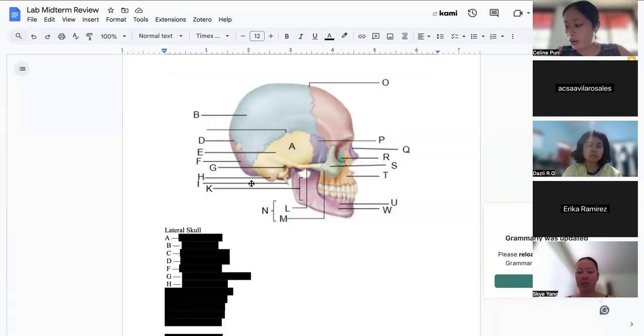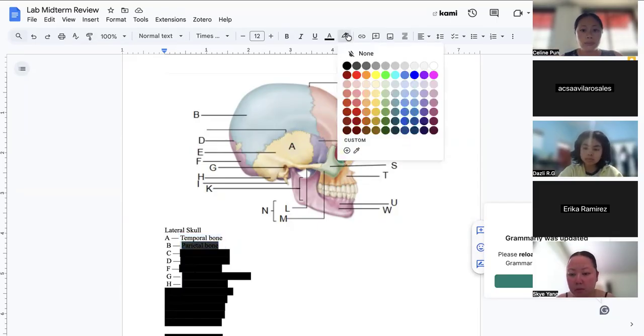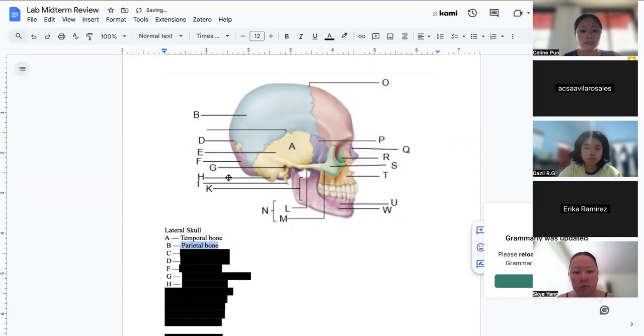Okay, what is A? What is this bone called? Temporal bone. Yep, the side of your head. What is B? Right here. Parietal. Yep. And then C. No, I don't see C. I think last time there was no C. So it was this bit, but you can't really see it.